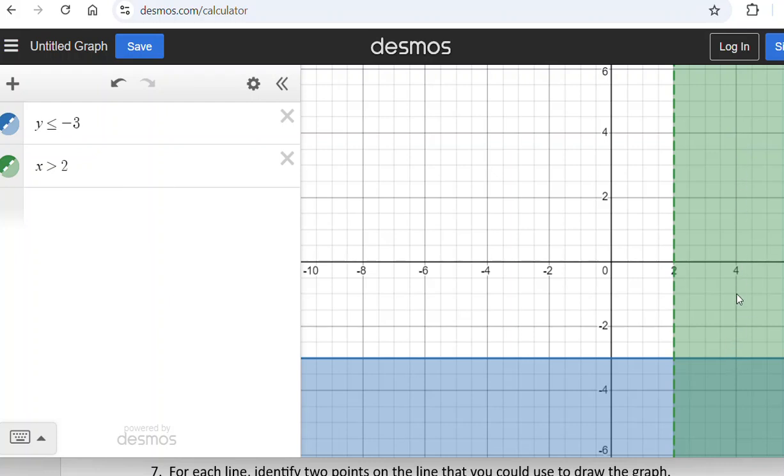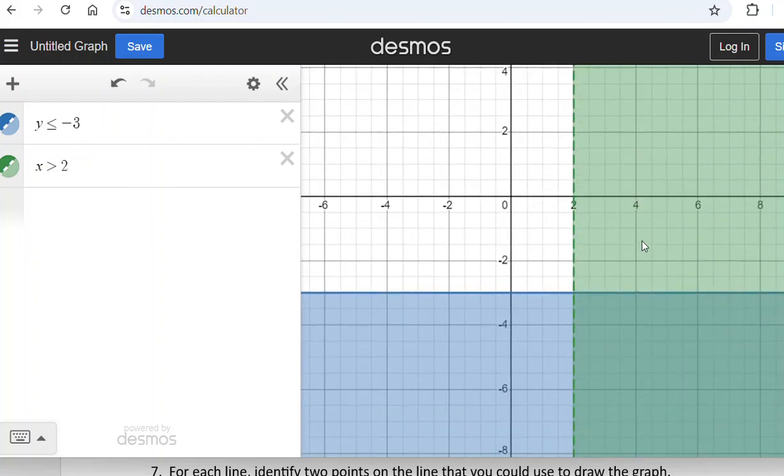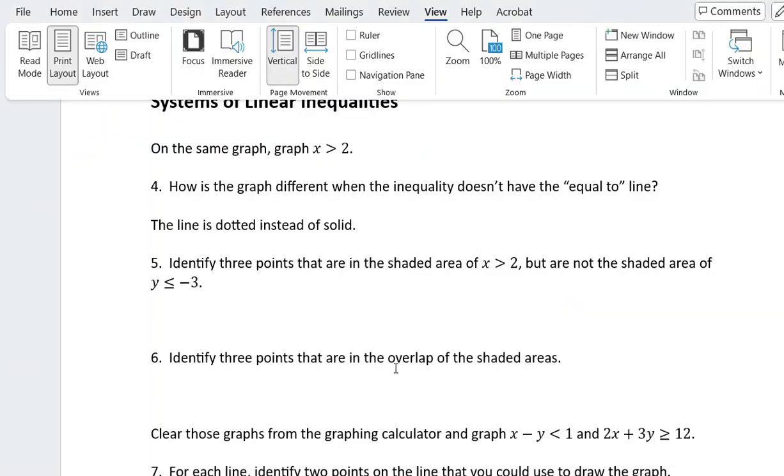We could also have (4, -2). So all of those would be points, and I can move this a little bit to see some more. All of those would be points that are included in x greater than 2, but not y is less than or equal to -3. And again, there are many more points that you could identify as well.